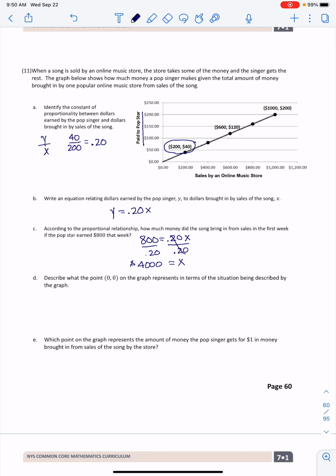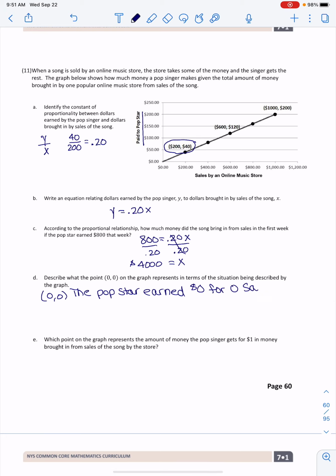Next, it says describe what the point (0, 0) on the graph represents in terms of the situation being described in the graph. (0, 0) represents the pop star earned $0 for 0 sales on the online music store.